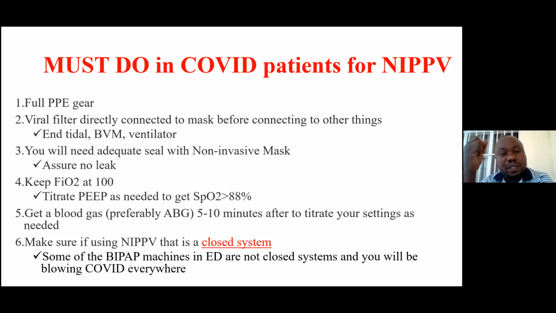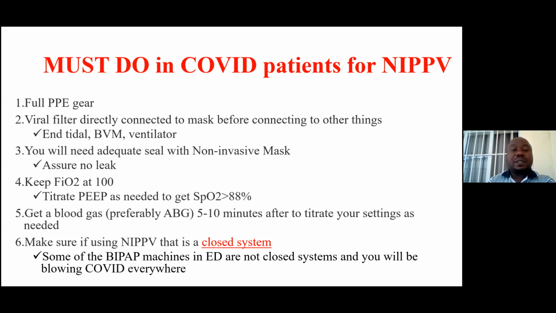And also you need to have an adequate seal with the non-invasive mask, as I explained, so that you prevent leak of the volume you are setting and the pressure you are sending, otherwise the patient is not well ventilated as you need. You have to keep FiO2 at 100, but you also have to titrate the FiO2 as oxygen is also toxic.